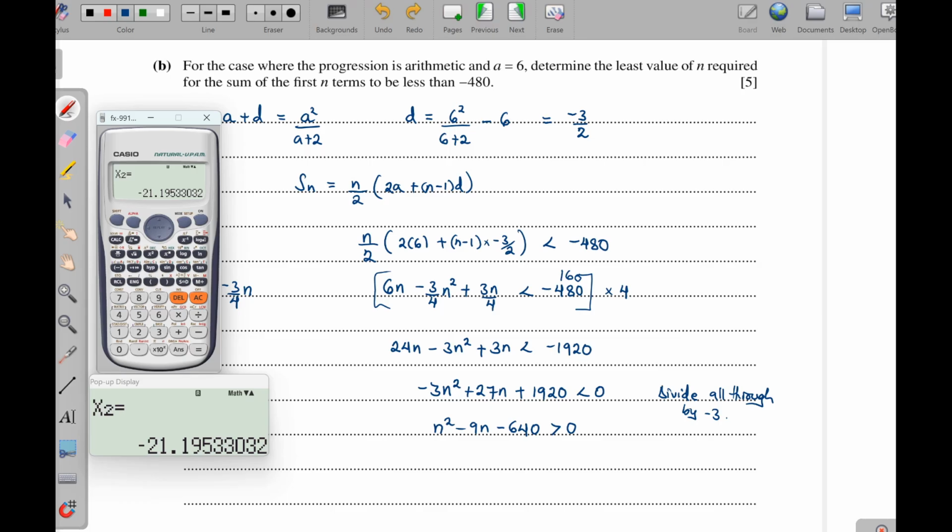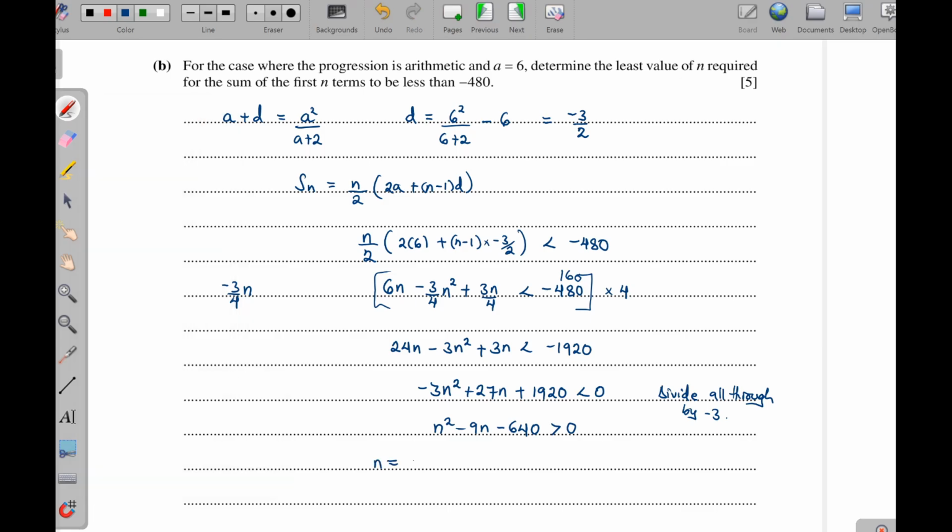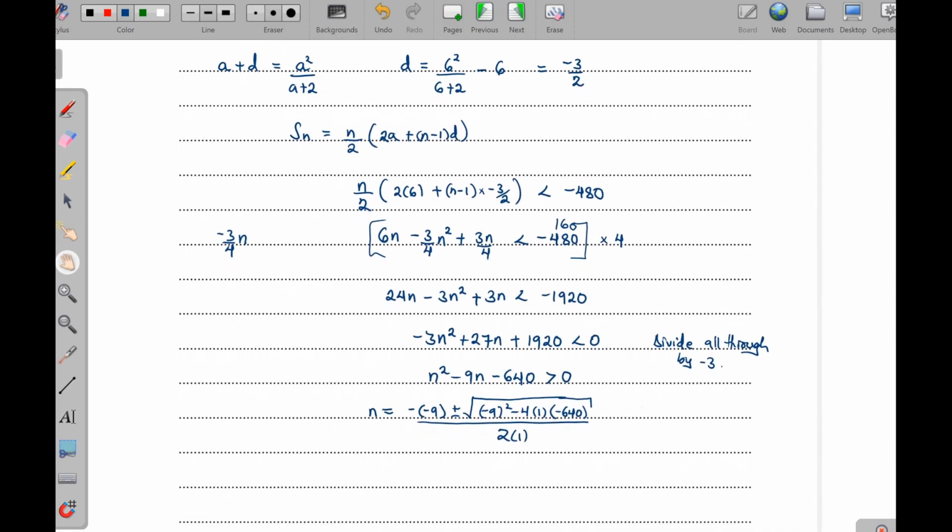Now you show the examiner that you solved this using the quadratic formula. So our n is going to be equal to minus b, that is minus 9, plus or minus the root of b squared minus 4ac, where a is 1, c is negative 640, all over 2a.